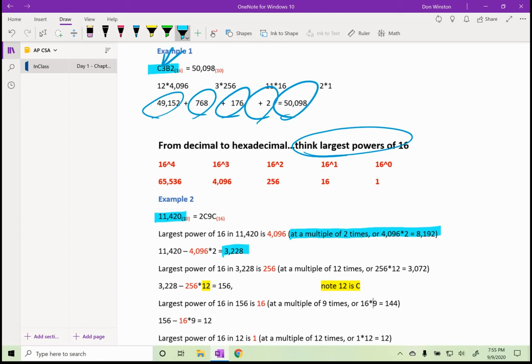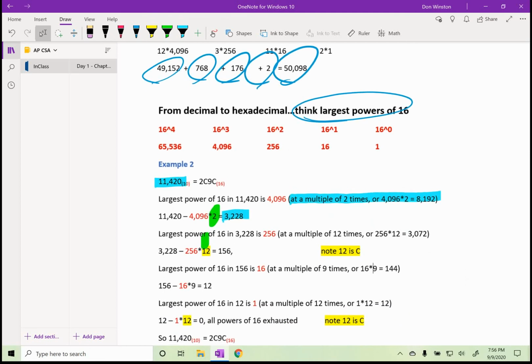So keep that number in mind. Now, what's the largest power of 16 in 3,228? Well, it's 256, but it occurs at a multiple of 12 times. So we take 3,228 and we subtract 3072, or 256 times 12, and we get 156. And then we say, what's the largest power of 16 in 156?